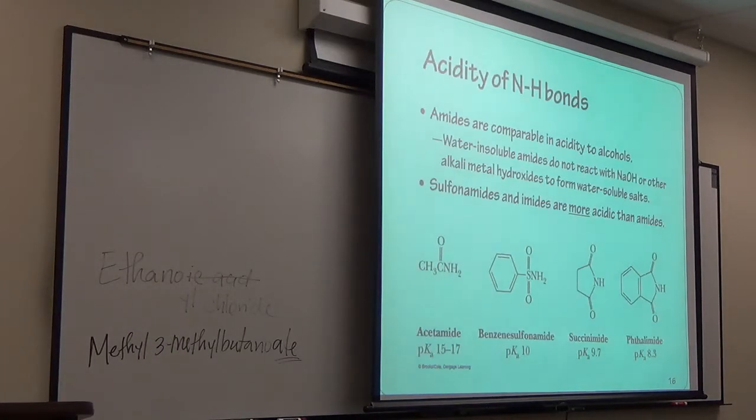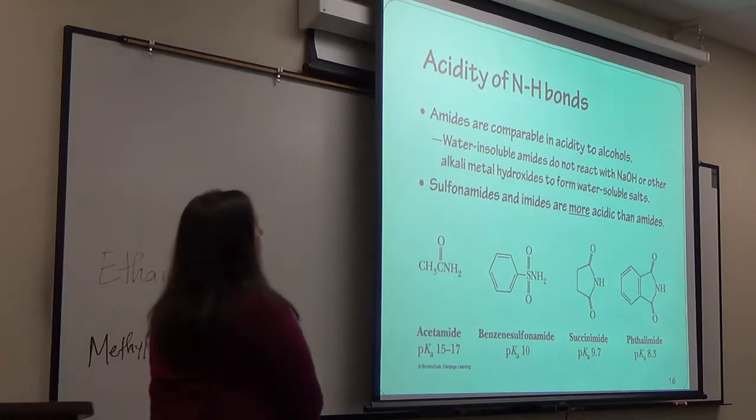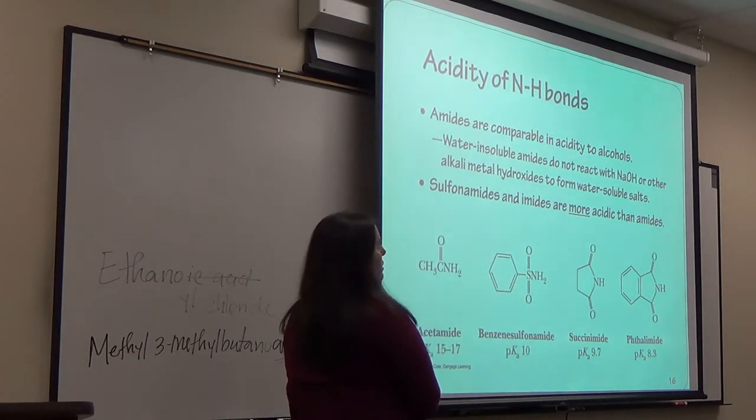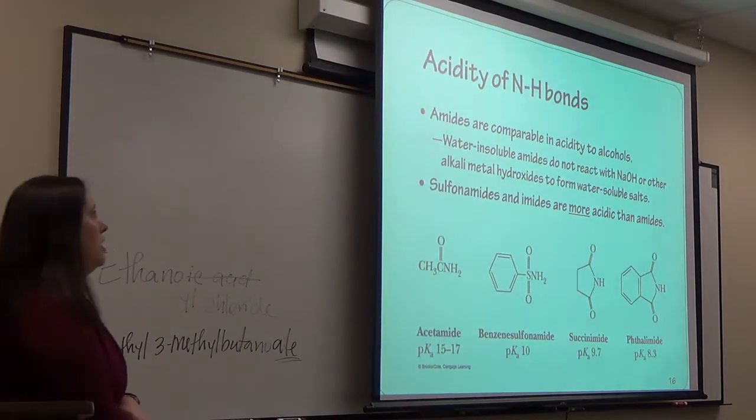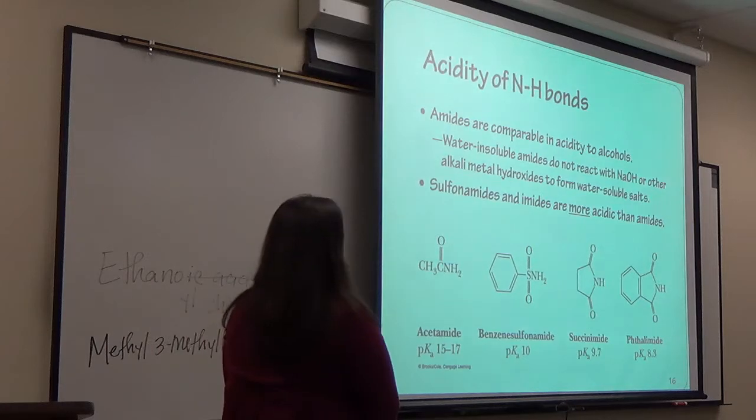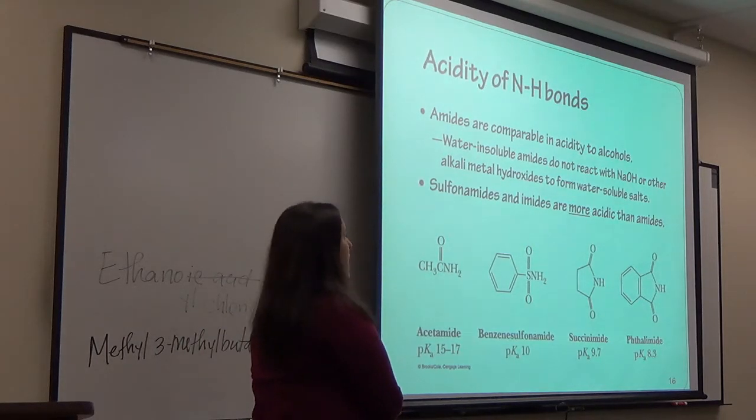So that's naming, and now some chemical properties. The first one we want to start with is usually acidity. So acidity here is of the nitrogen-hydrogen bond when we talk about amides.